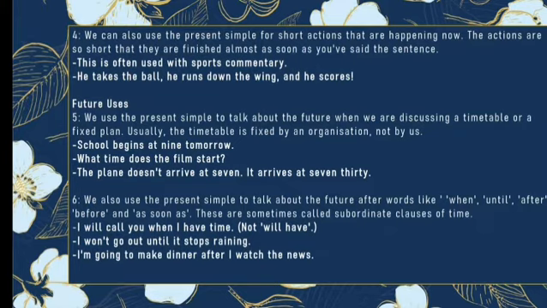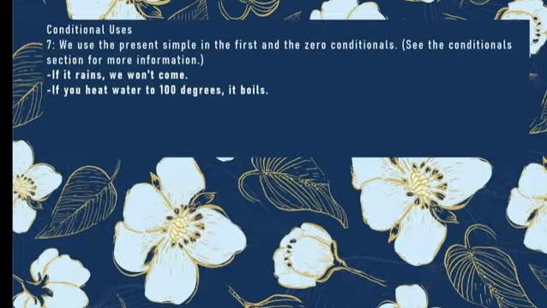I'm going to make dinner after I watch the news. And then there is the conditional use. We use the present simple in the first and the zero conditionals. Example: if it rains, we won't come. If you heat water to 100 degrees, it boils.